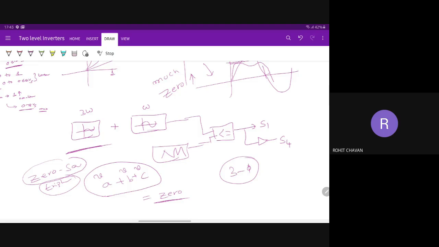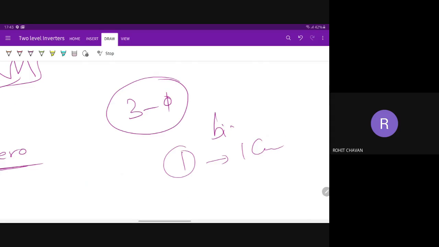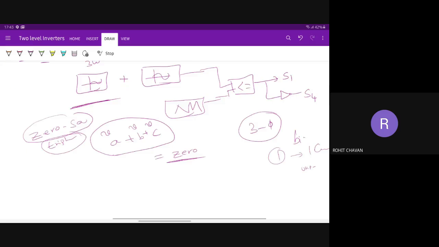In bipolar you have only one modulating signal and one carrier signal, so obviously they are synchronized. In unipolar, you have one modulating signal and two carriers in opposite directions. You can't change that, so obviously it is synchronized.